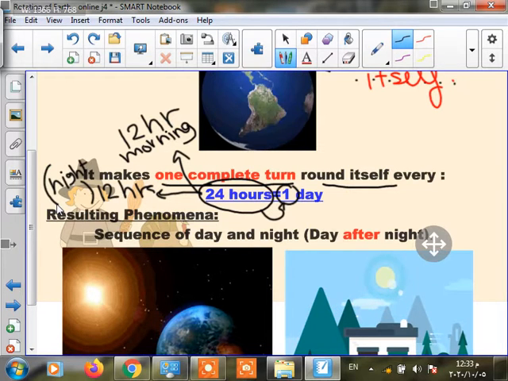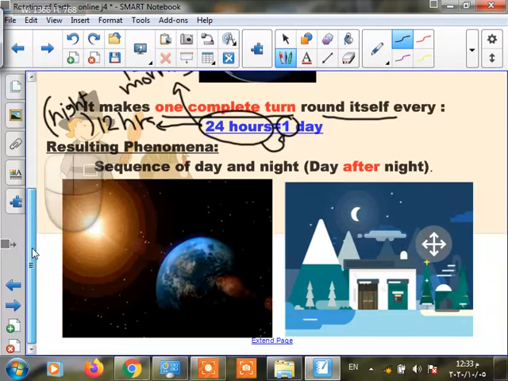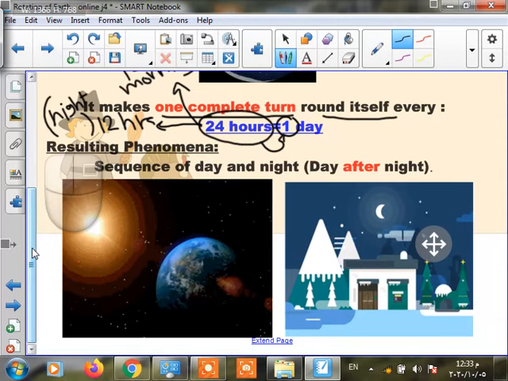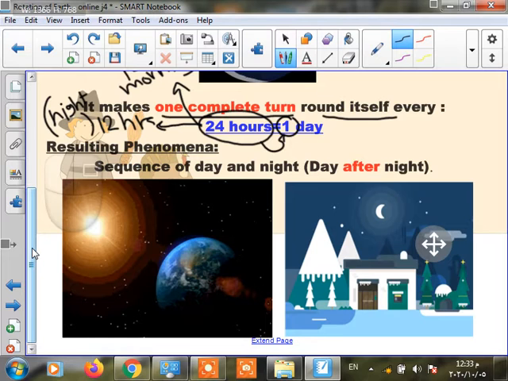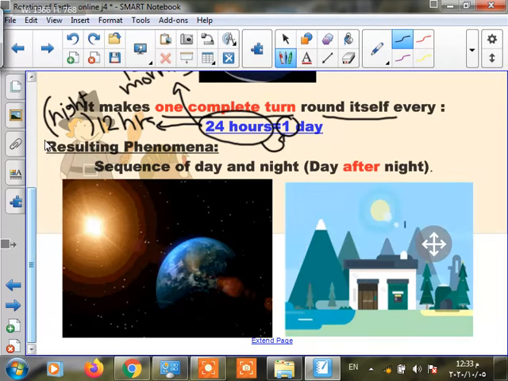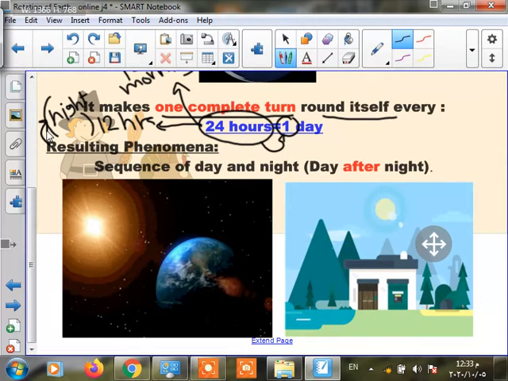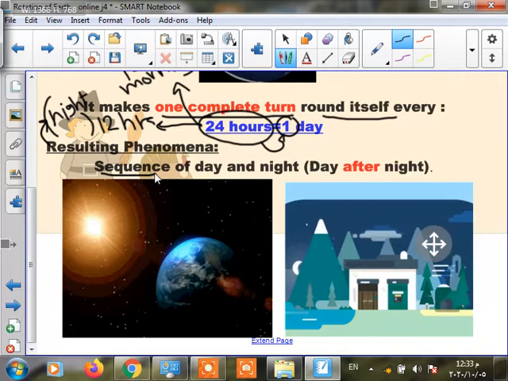So there is a phenomenon, or natural happening in nature, that happens as a result of Earth rotation. This phenomenon is the sequence of day and night.